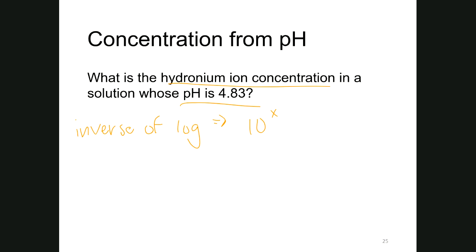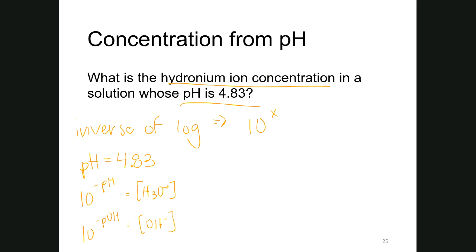Okay? So here, if our pH equals 4.83, the way that we solve for our concentration is we need to get rid of the log. So we do 10 raised to the negative pH, which will give us our concentration of hydronium. Just like if you wanted to find hydroxide, you would do 10 to the negative pOH equals the concentration of hydroxide.